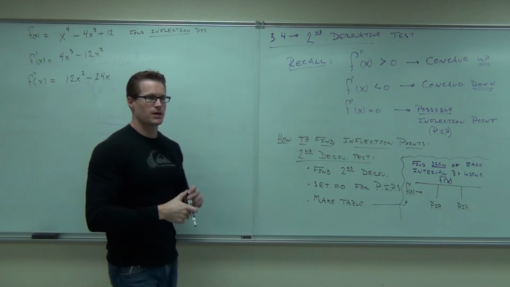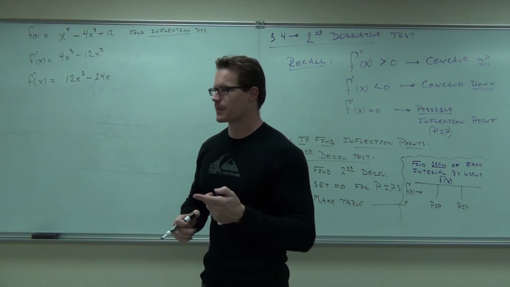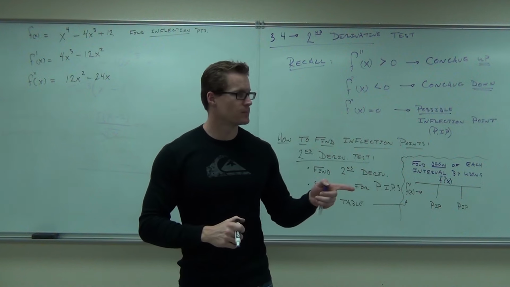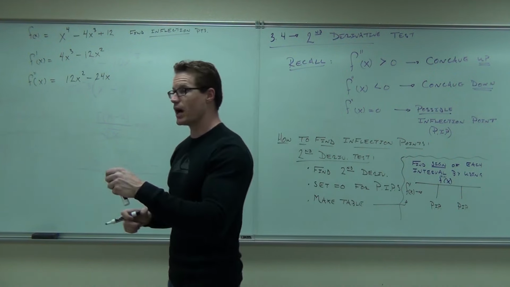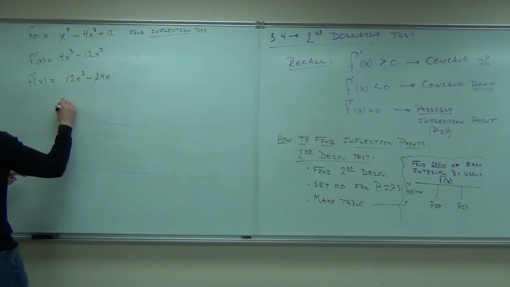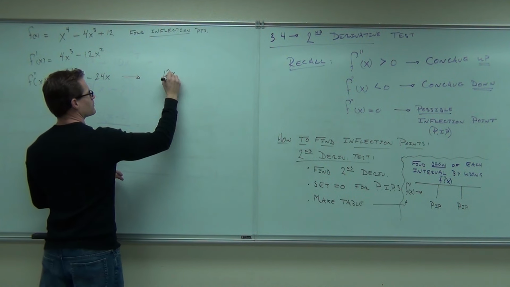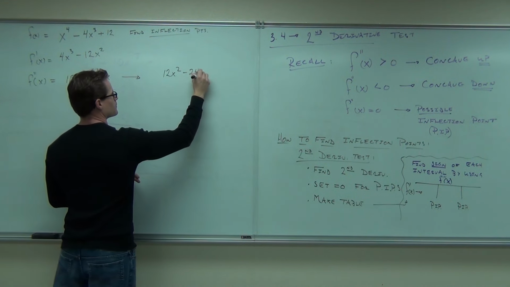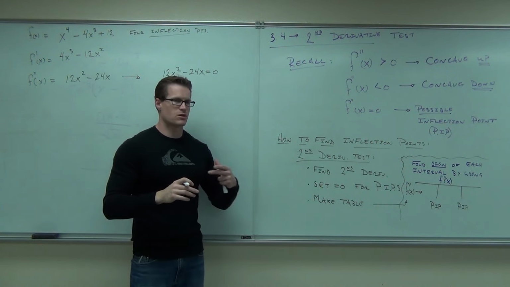You get 12x squared minus 24x as well? What are we going to do with that? Set it equal to 0 first. Then we're going to factor, do whatever we need to do to solve this. By solving this, we're finding the places where the second derivative equals 0.